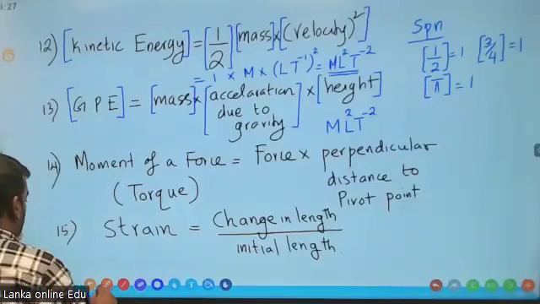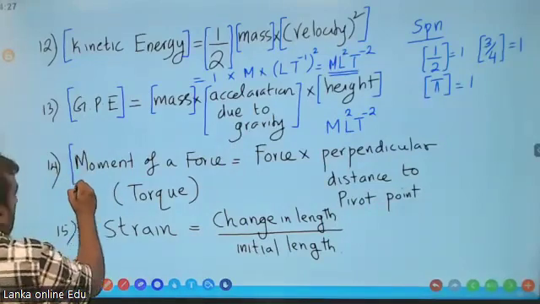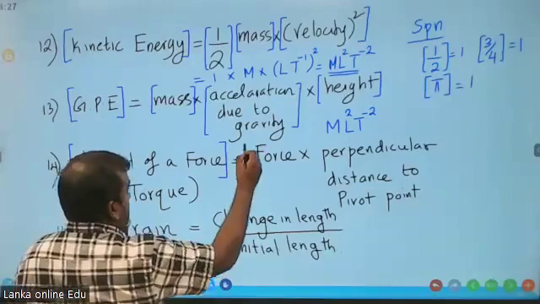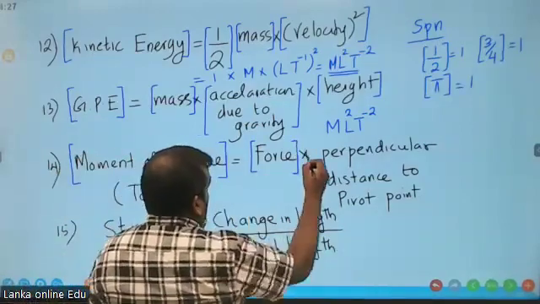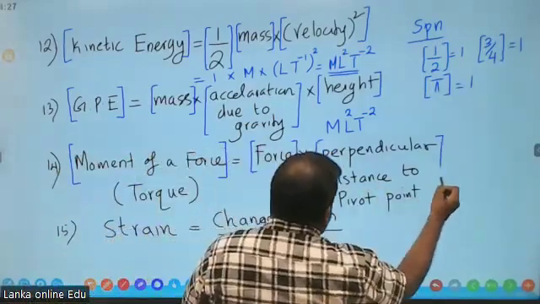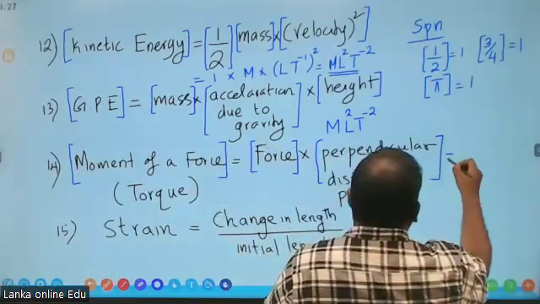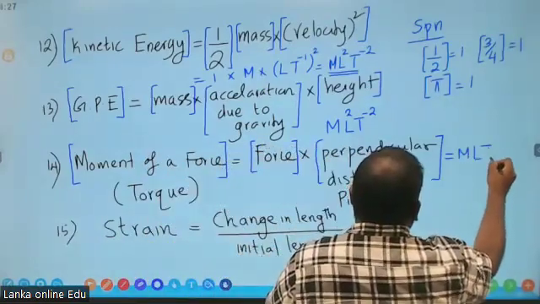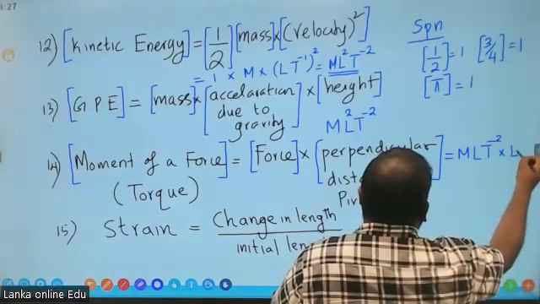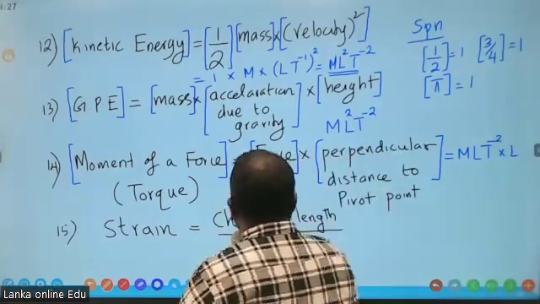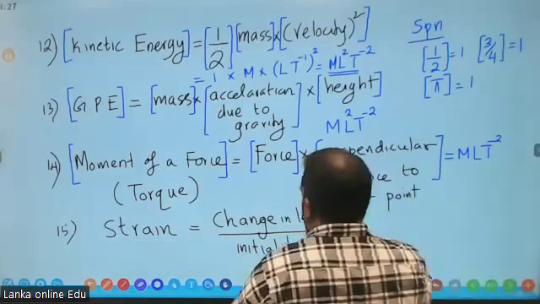ML squared T minus 2. Moment of a force: force into perpendicular distance to pivot point. Force is MLT minus 2 multiplied by distance, so this becomes L squared.